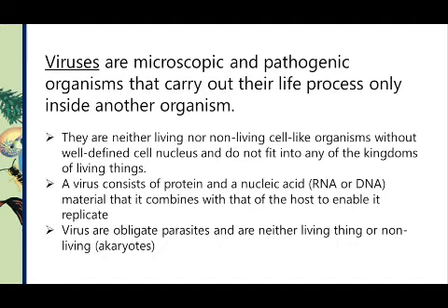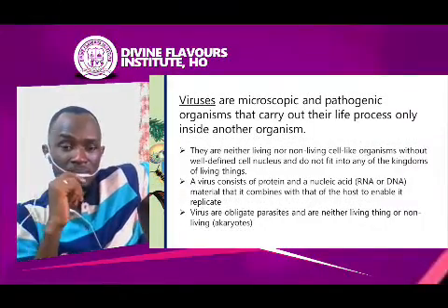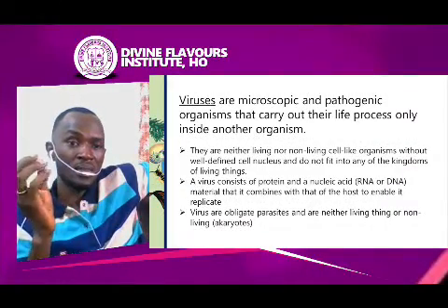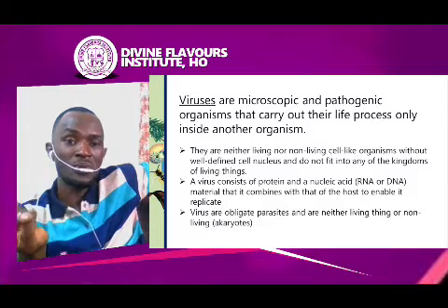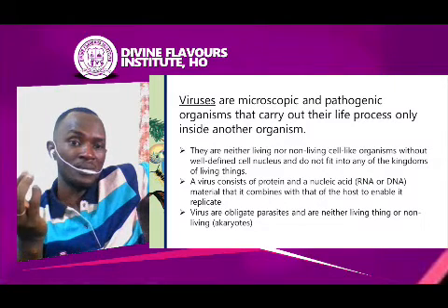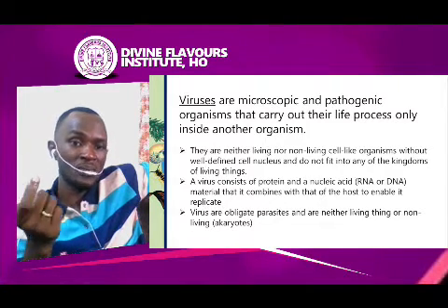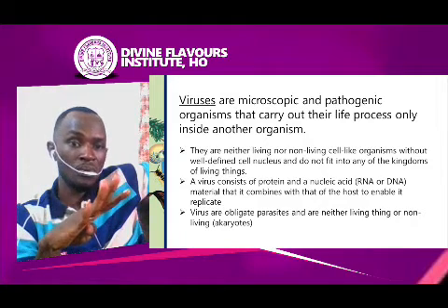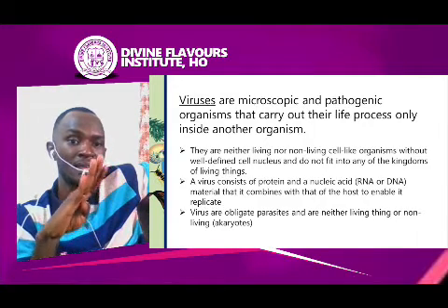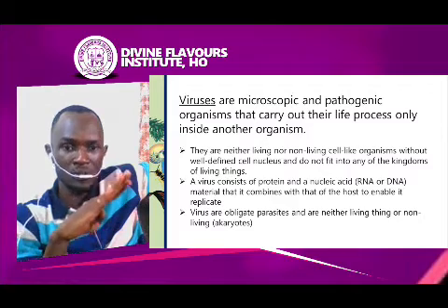So we have the prokaryotes, the Protoctista, the fungi, Plantae, and Animalia. These four have eukaryotic cells, the true cells.